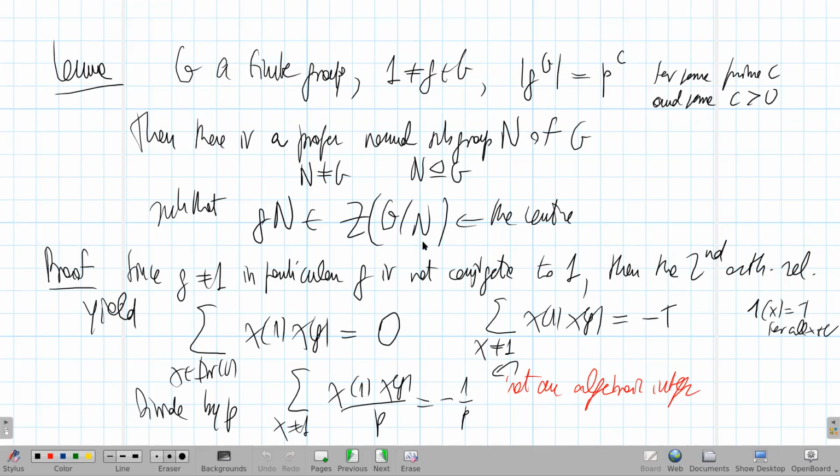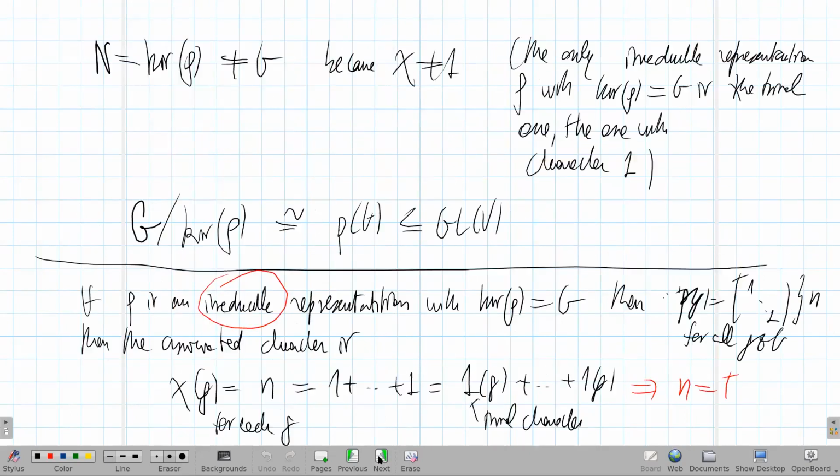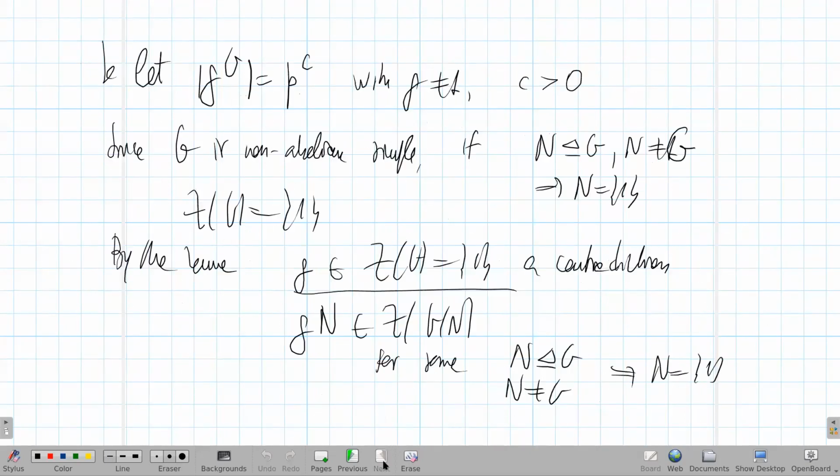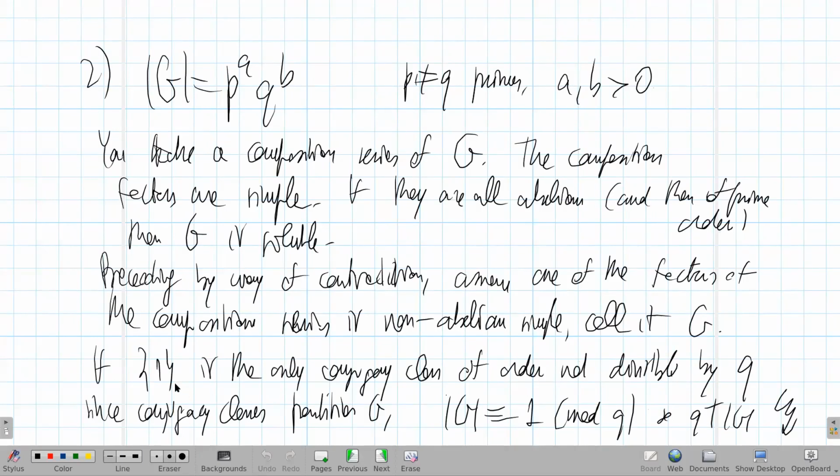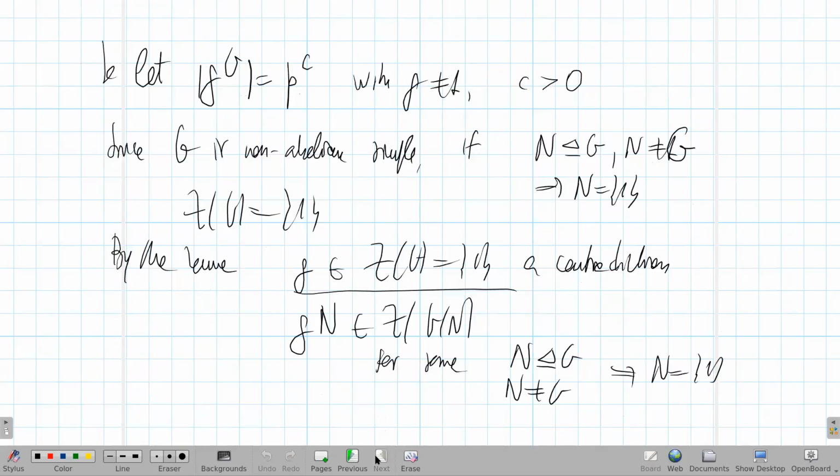So if you reduce to the case of non-abelian simple, we get the result. And you saw how we were able to find such an element in a group of order p^a q^b simply by noting that 1 could not possibly be the only conjugacy class of order not divisible by q.